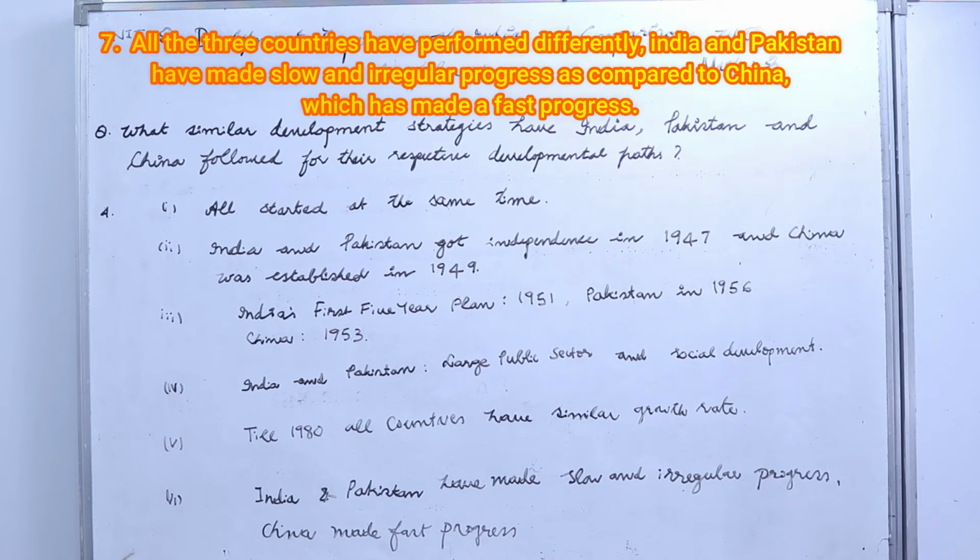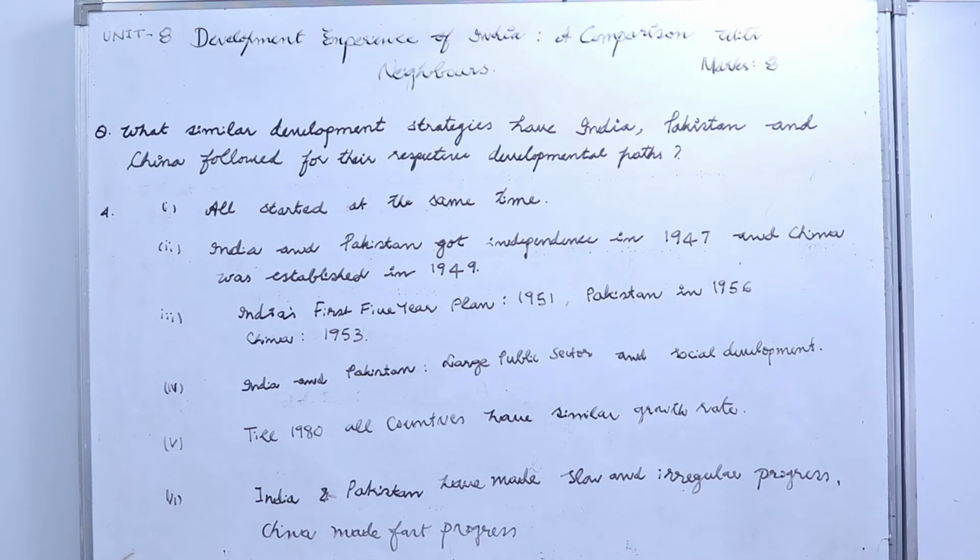They didn't have that much capacity for investments, so the government or the public sector took up the responsibility to develop the economies. Till the 1980s, the fifth point, all countries had similar economic growth rates. After that, India and Pakistan made slow and irregular progress compared to China. China made fast progress in economic development.